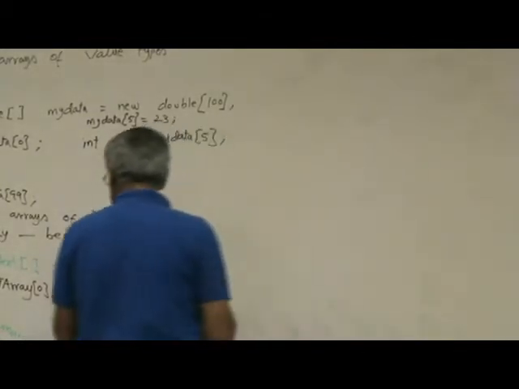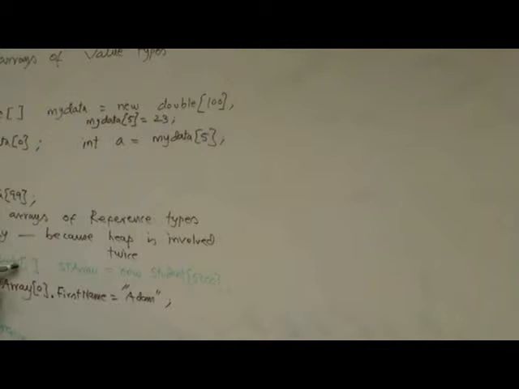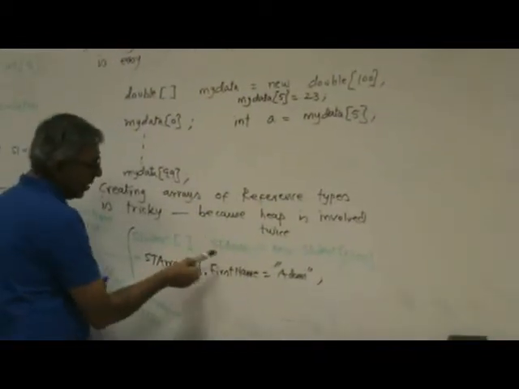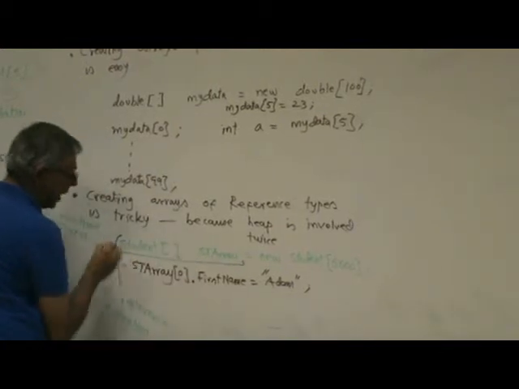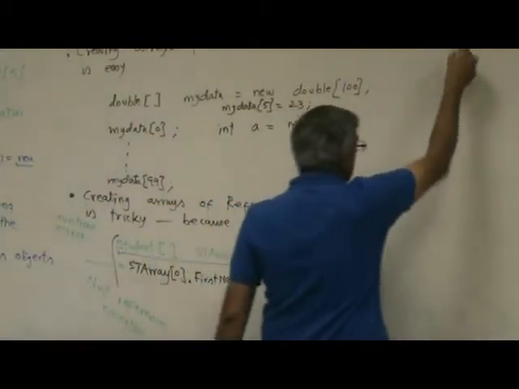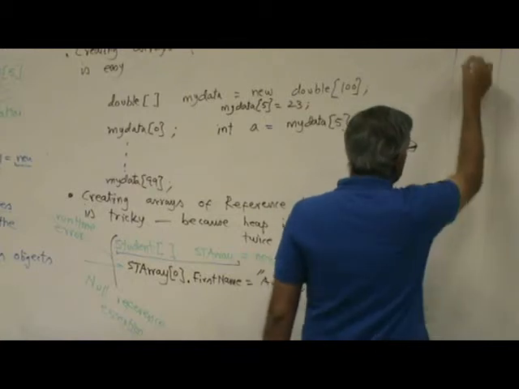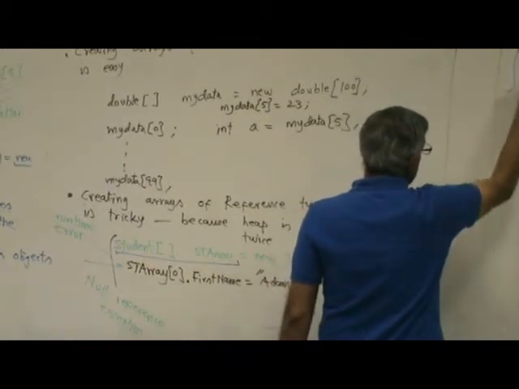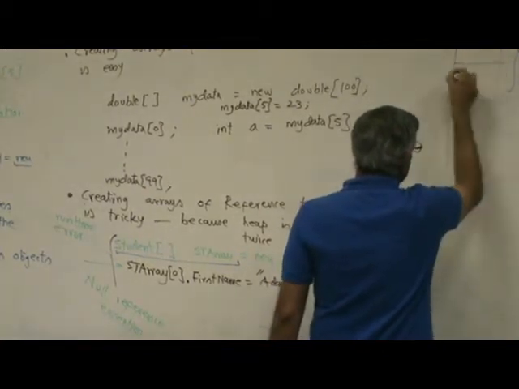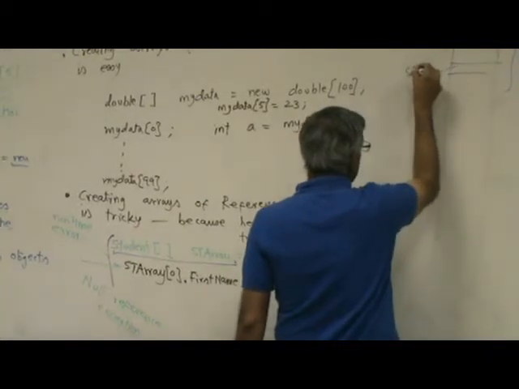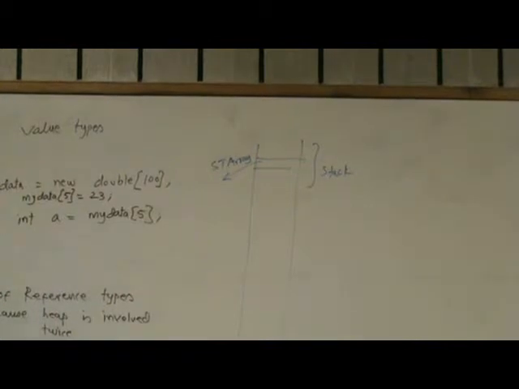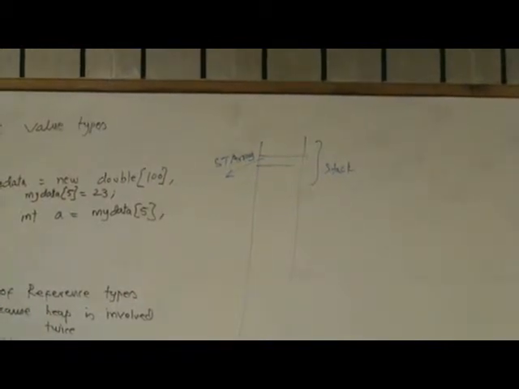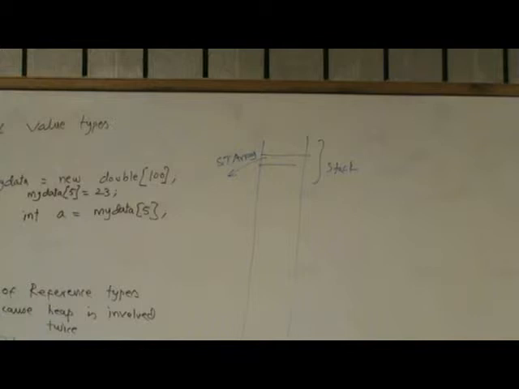Let's take a look at this statement over here, student, empty square bracket, ST array. Focus on only the left-hand side. What will this do? If this is the memory of the computer, and this is the stack area, it will create a reference called ST array. So far it's pointing nowhere. But once we say new student of 5,000, what will it do?